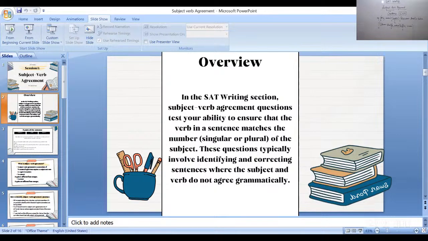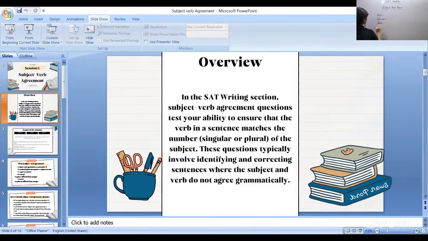Subject and verb agreement may be tested in one form of form, structure, and sense questions that you encounter on test day. Now we have three structures of the sentence. So first we have form, structure, and sense.